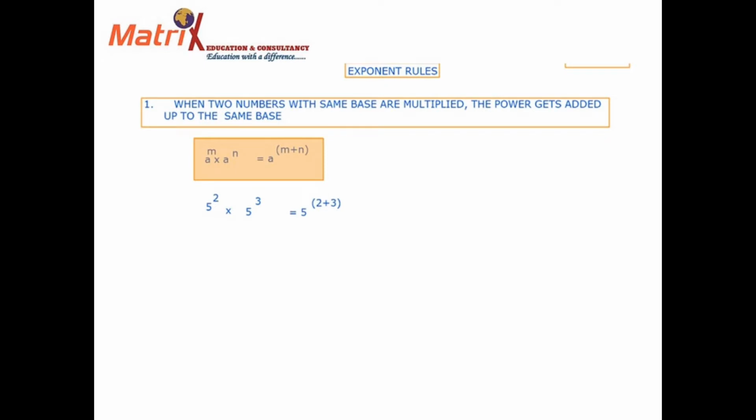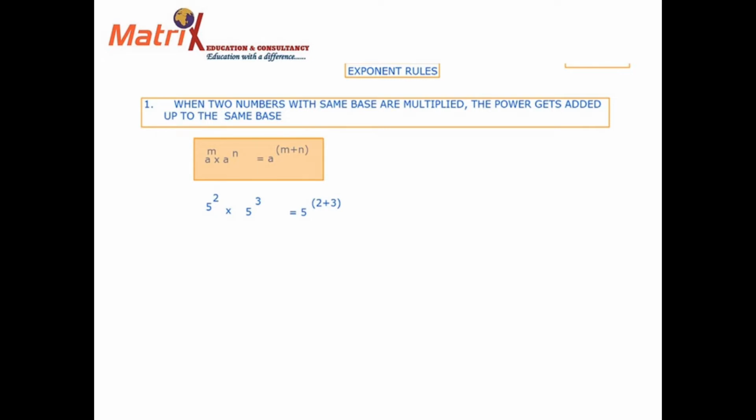The first law of the exponent says when we have a common base and different exponential powers, and we multiply those numbers.